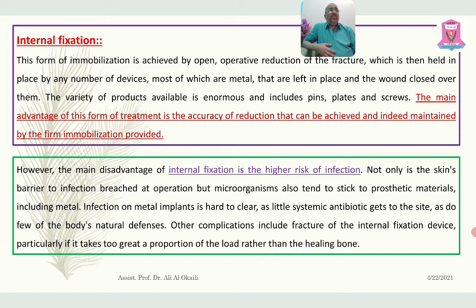The variety of products available is enormous and includes pins, plates, and screws. The main advantage of this form of treatment is the accuracy of reduction that can be achieved and indeed maintained by the firm immobilization provided.